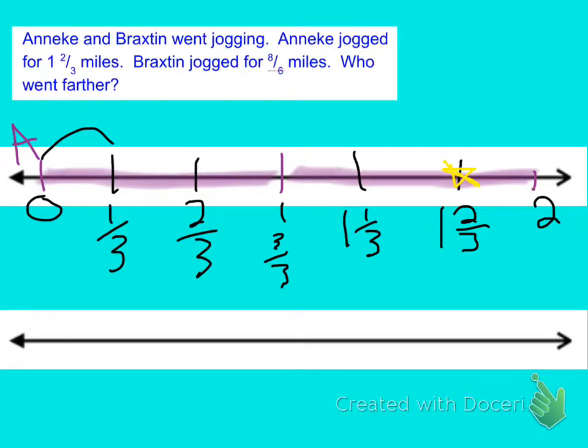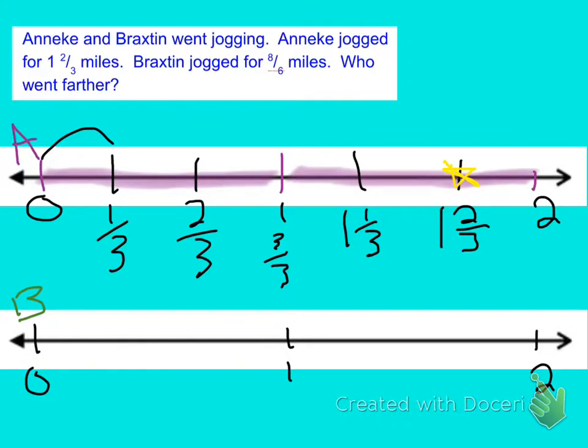Now we're going to go down to Braxton. I'm going to label this one B for Braxton. Again, our number line is going to be broken into 2 wholes. So there's 0, 1, and 2. And now Braxton, his says 6. So I'm going to have to break his into 6 equal pieces.